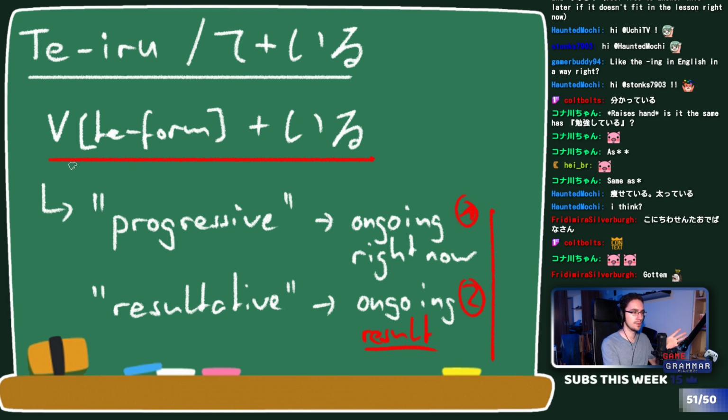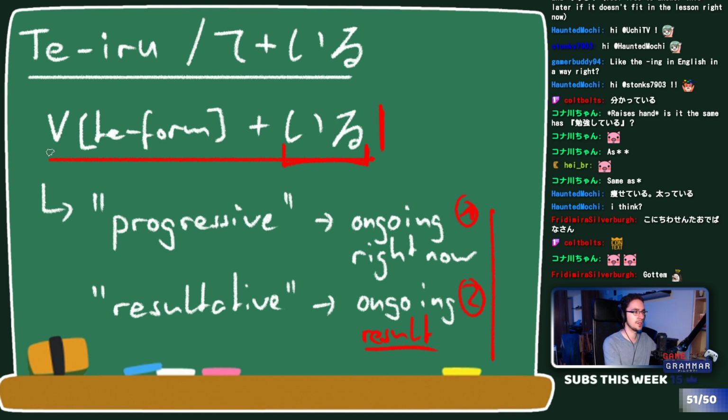I don't really have to talk too much about the formation, since this here covers it all. It's very simple. Te form plus iru. And now, obviously, once you're at this stage, you can then just conjugate iru to change other things about it. I have mentioned this in the past, but the way Japanese conjugation works is basically that once you have changed a root verb to some sort of stem or the te form, and you've added another verb, we will then leave this old verb alone.